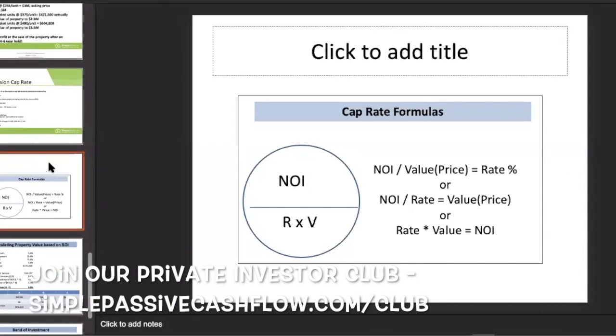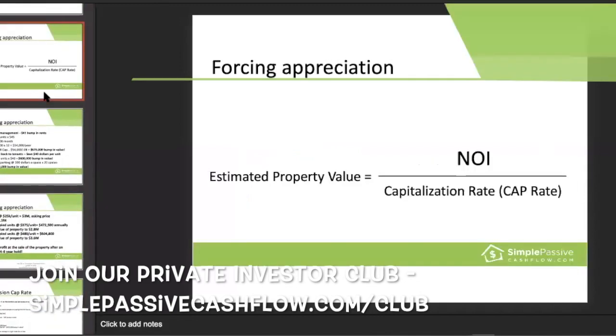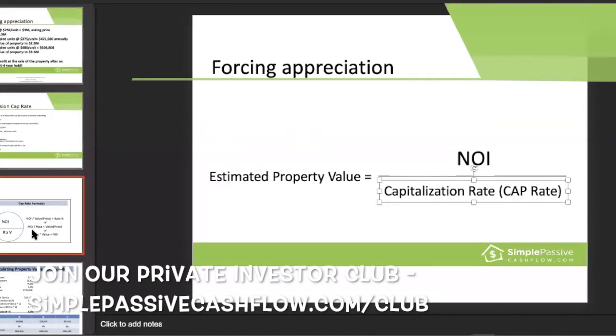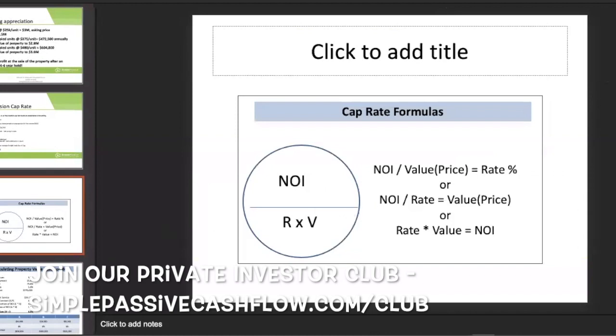I think the hardest part in this whole exercise going in is figuring out what the cap rate is. We've talked about that a few times. I can give you a good guess, plus or minus 0.5%, on what I think it is for a certain market for a class of properties. Again, different classes of properties in different markets determine that prevailing cap rate. So here are just some other examples.